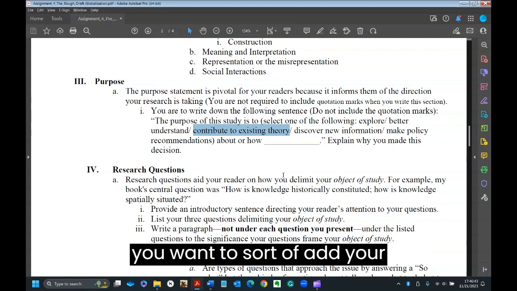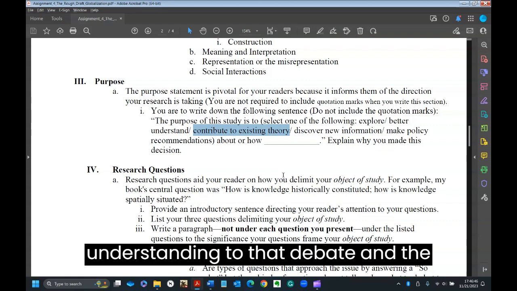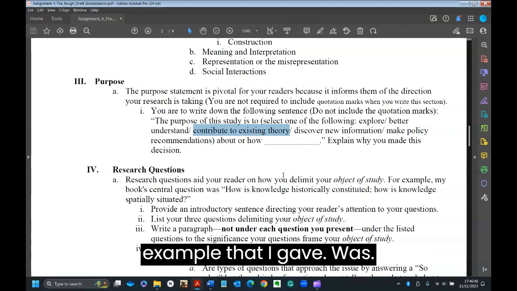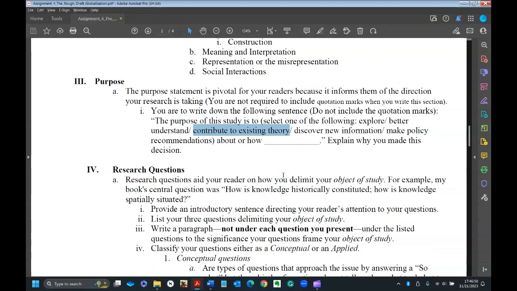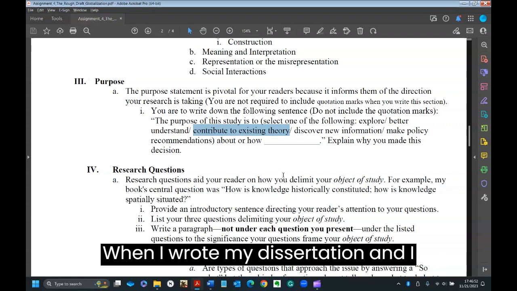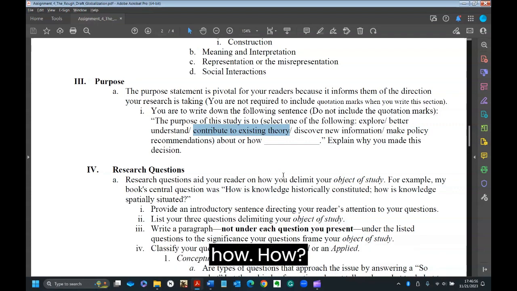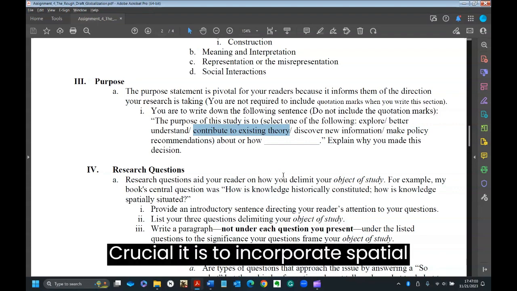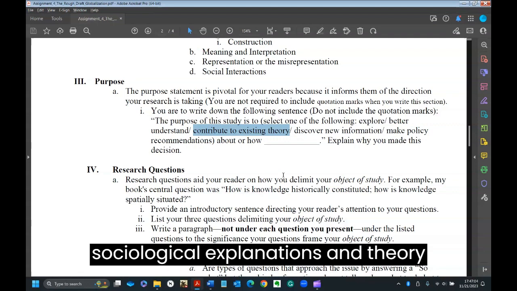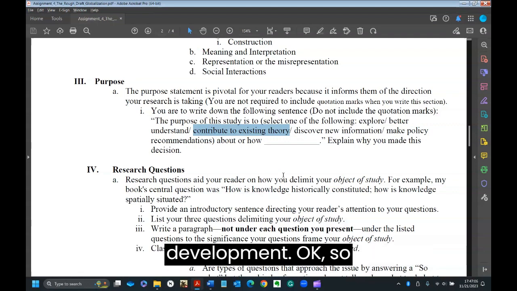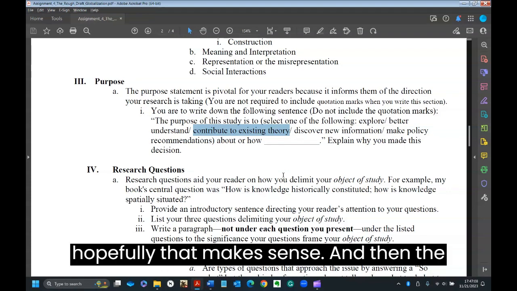So you want to add your understanding to that debate. And the example that I gave was when I wrote my dissertation and I defended it. I explained how crucial it is to incorporate spatial understanding into more traditional sociological explanations and theory development. Okay, so hopefully that makes sense.